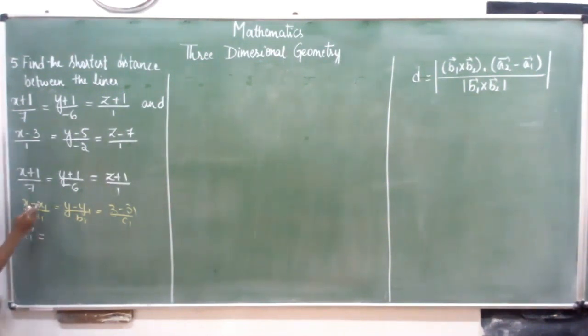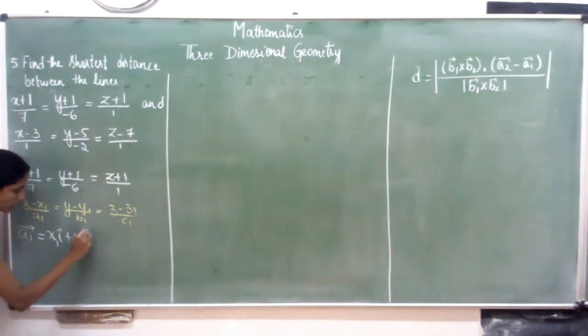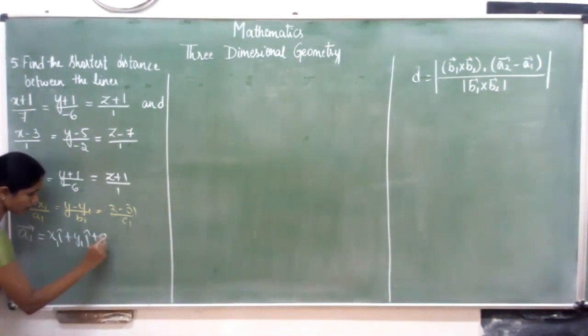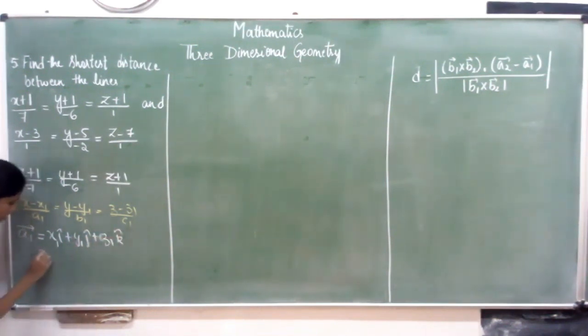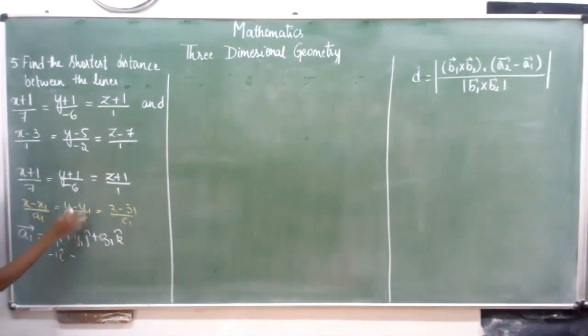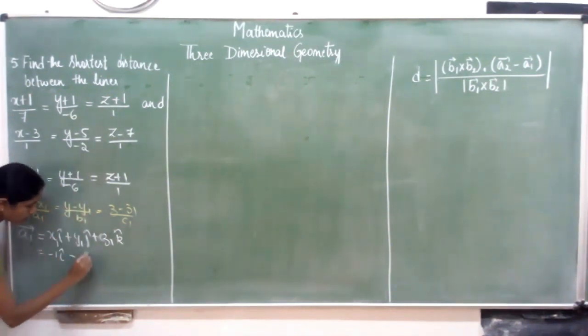So according to that, let us first write what is vector a1. Directly we can write. So looking at this, I write the general formula first: x1 i cap plus y1 j cap plus z1 k cap. So this will be given by, what is the value of x1? It is minus 1, because this should be written in the form of x minus of minus 1. So x1 value is minus 1. So minus 1 i cap. Next y1 value, which is also minus 1 j cap.